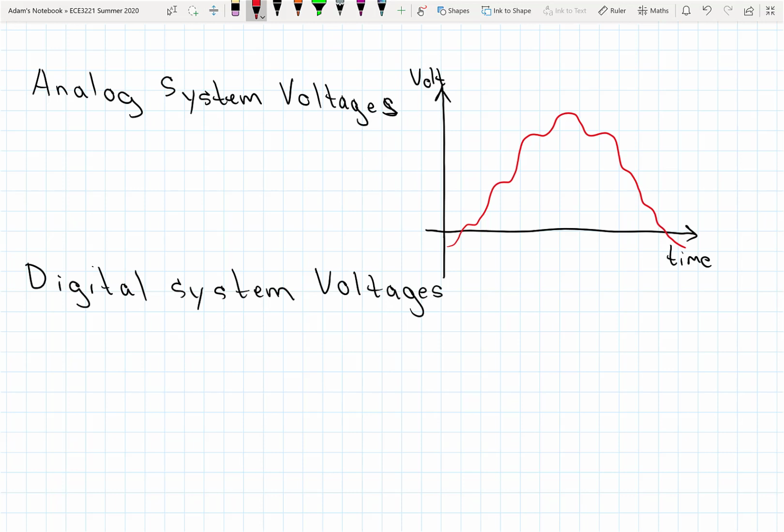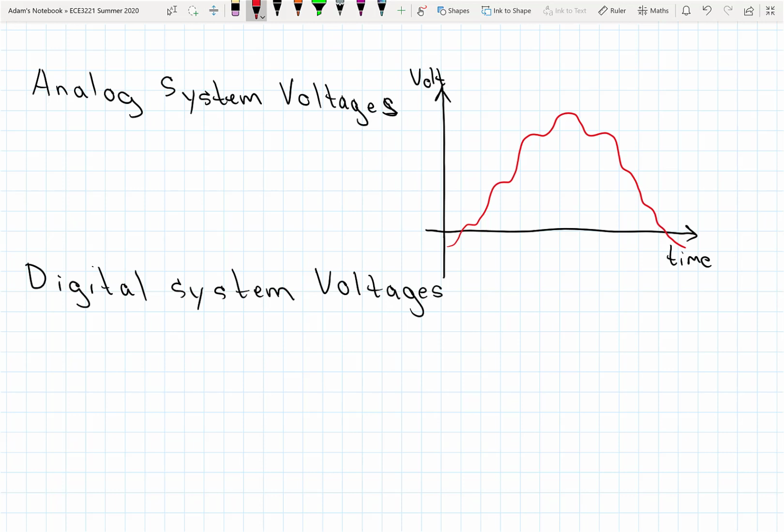All the values around us in our environment tend to be analog in nature, although much of our world has been digitized to represent these analog values, whether they're voltages or temperatures or whatever the case may be. We tend to represent them with digital systems, but that kind of gets hidden from us.